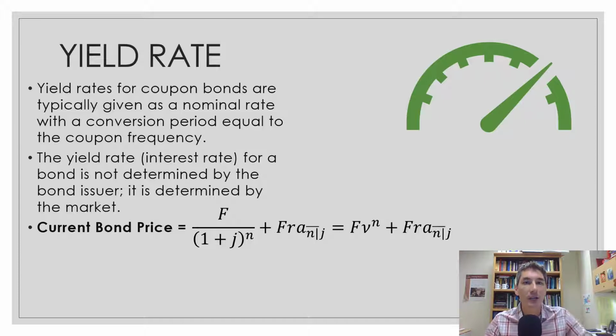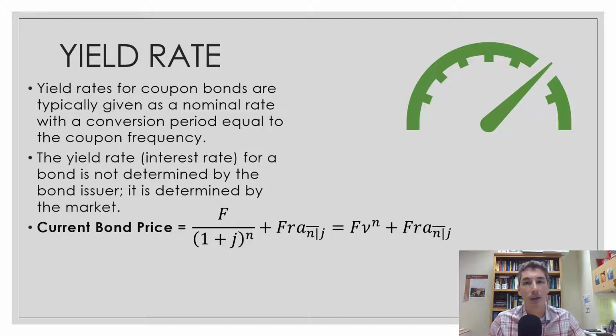And the yield rate is sort of determined by if the market views that company as very risky, the yield rate will have to be higher, which would mean that the bond price would be lower. So you could pay $700 or $7,000 for a $10,000 bond because you're assuming a very high interest rate.